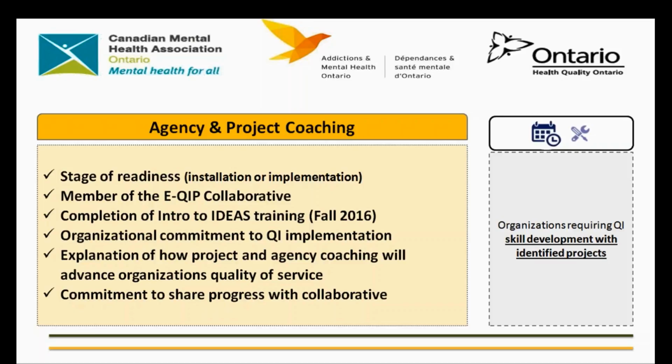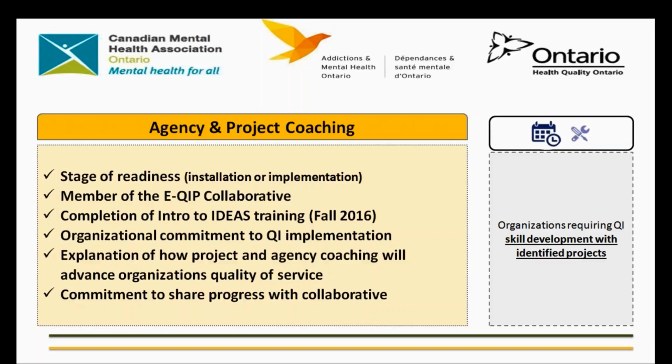So to apply, we're asking that folks be a member of the E QIP Collaborative and that you've completed or signed up to complete the Intro to Ideas training that we'll be offering in the fall that Sandra mentioned, and that you have an organizational commitment to quality improvement and that your leaders are on board with this.